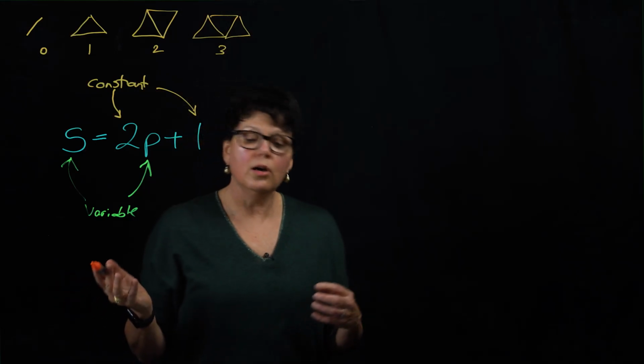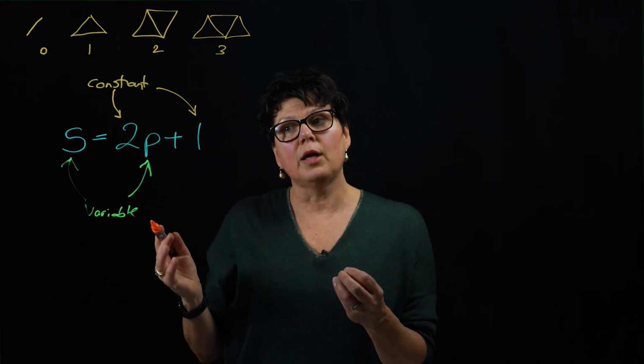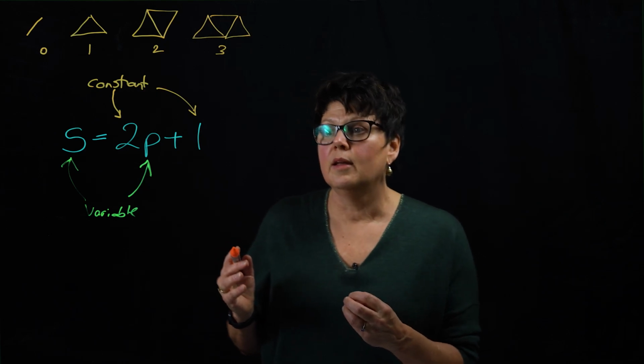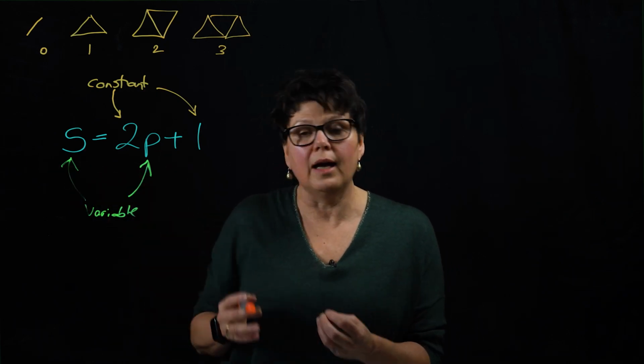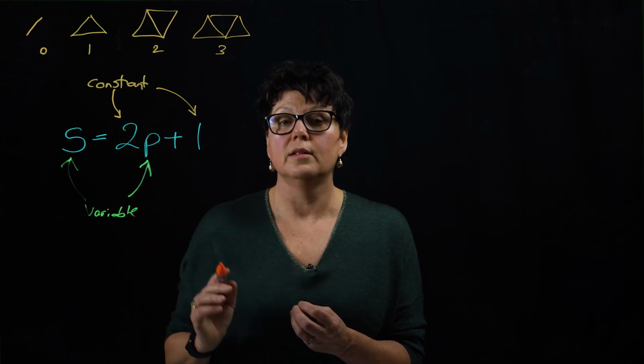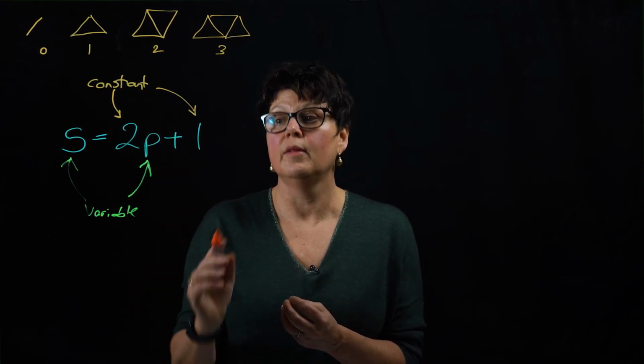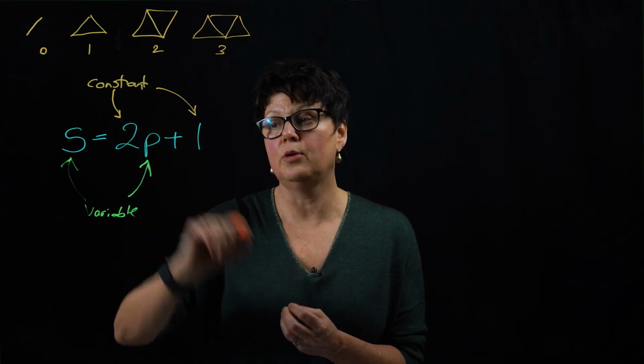Sometimes people say, oh, variables can take any number, and I think that sometimes confuses students. In this instance, our variable can't take any number. Our variable can take 0 or any positive integer for place in sequence.